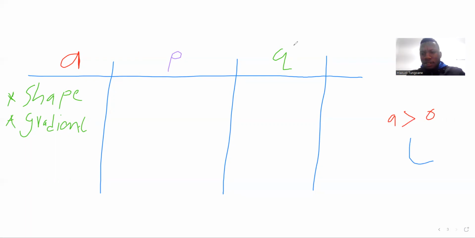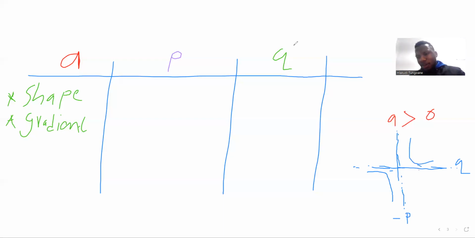Essentially, you're going to have lines of asymptotes. Remember we said what the lines of asymptote are? The vertical line of asymptote is always equal to minus P, and the horizontal line of asymptote is always equal to Q.